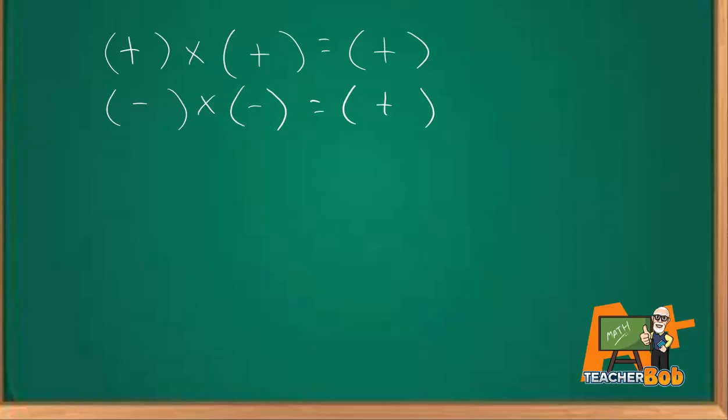So positive times a positive is equal to positive, negative times a negative is also equal to a positive. If you multiply a positive by a negative or a negative by a positive, you've got two different signs. Your answer is going to be negative.